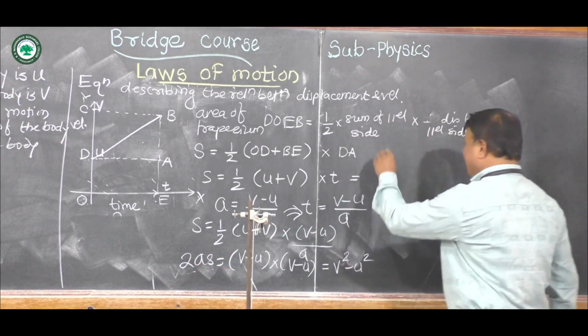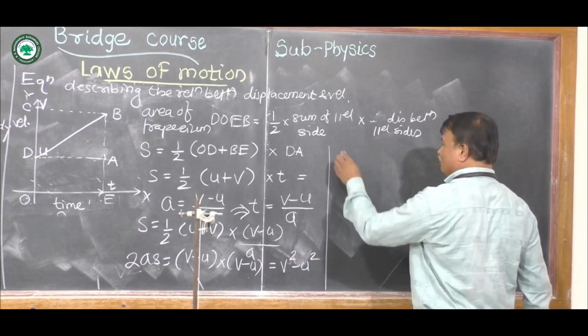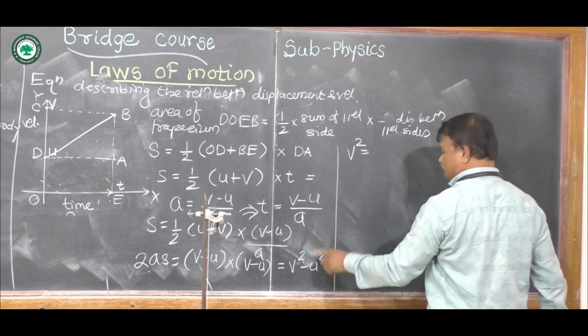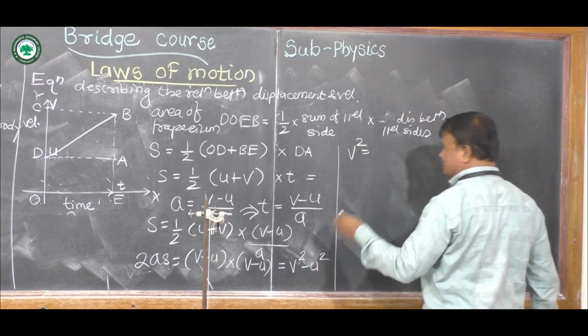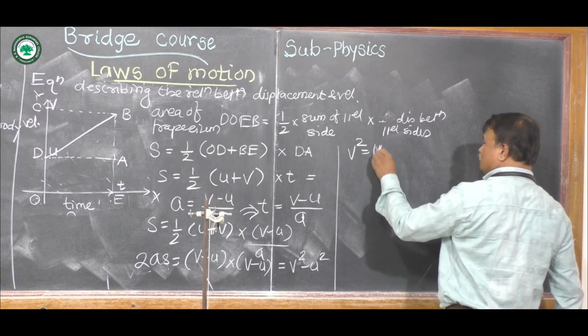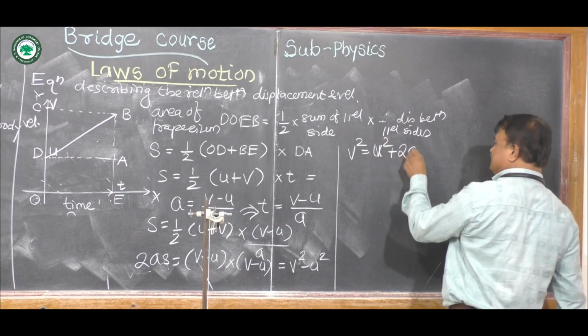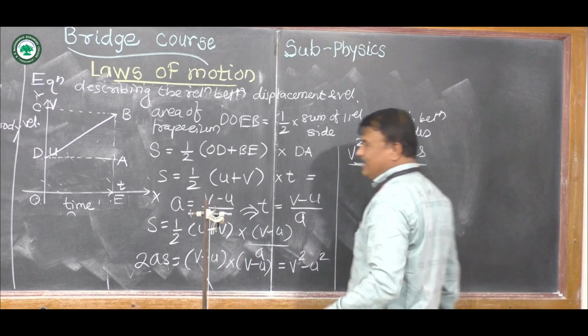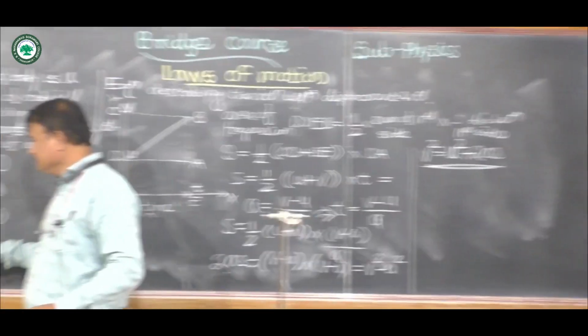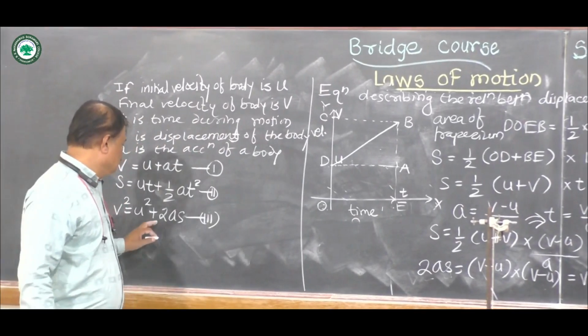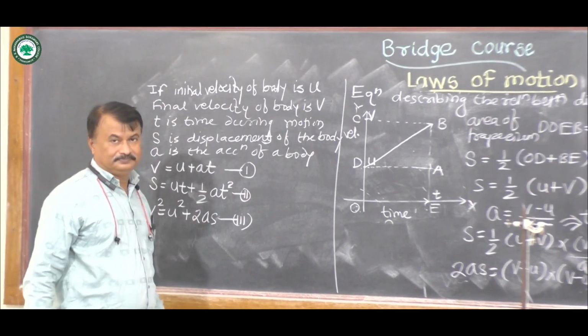Finally, by rearranging, V square is equal to U square plus twice AS. This is the third kinematical equation, or Newton's third equation of motion.